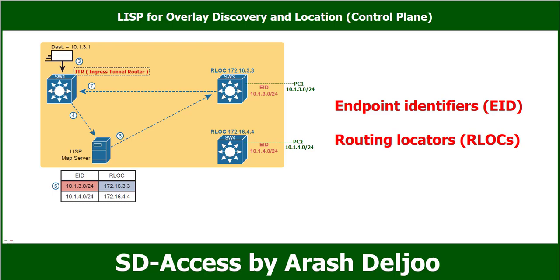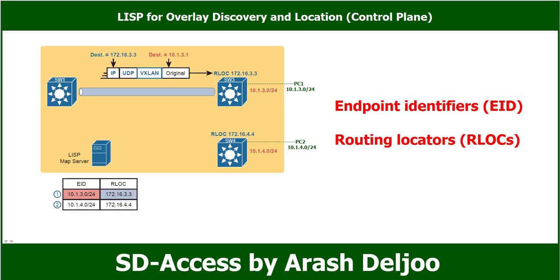To complete the story, now that ingress node switch 1 knows that it can forward packets sent to endpoint 10.1.3.1 to the edge node with RLOC 172.16.3.3, that is switch 3, switch 1 encapsulates the original Ethernet frame and forwards it to switch 3.